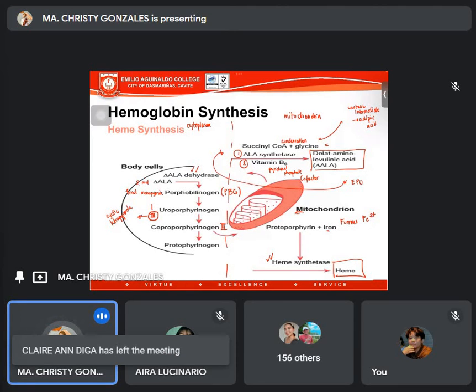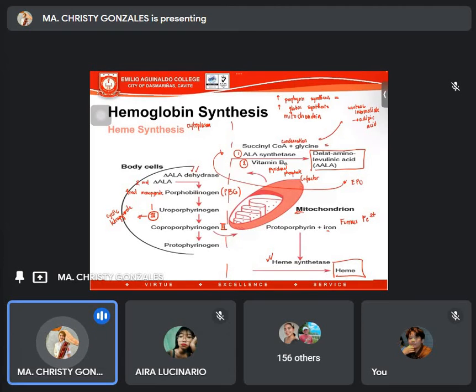So that's the heme synthesis. Any question? You have to remember, the rate of porphyrin synthesis should be equal to the rate of globin synthesis.